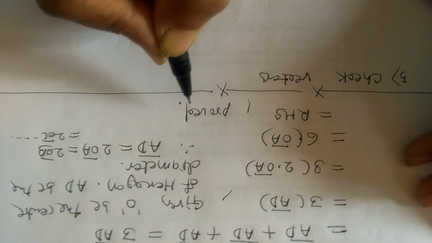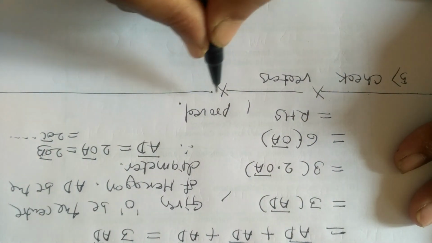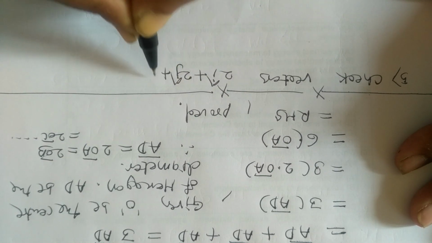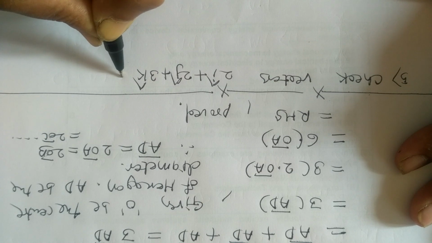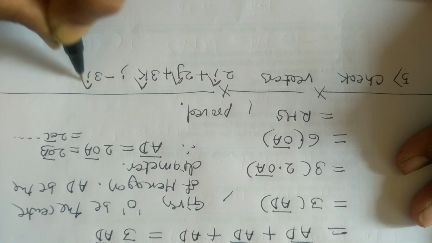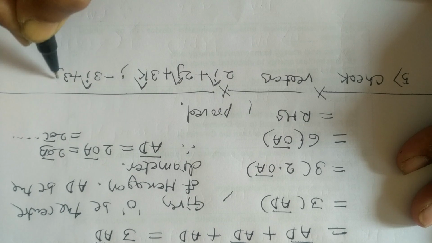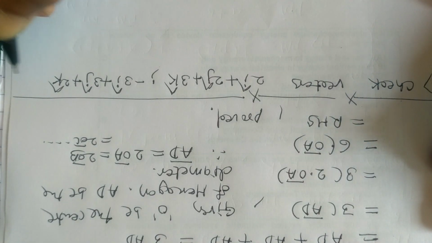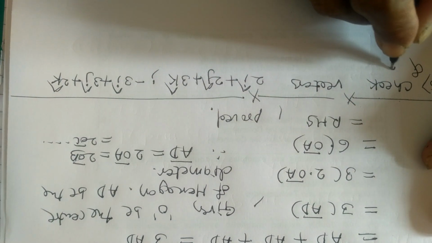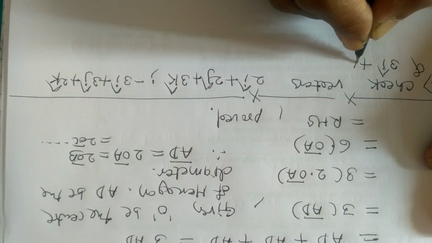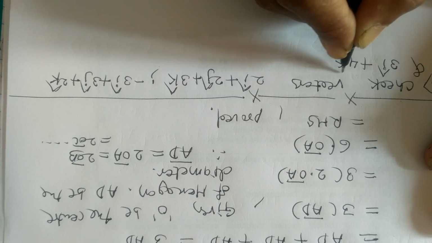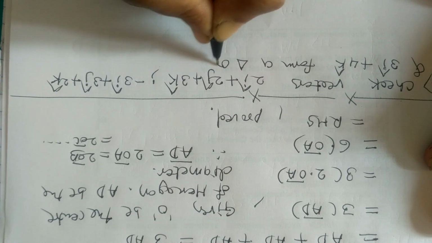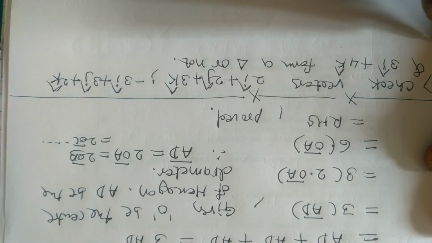Check whether the vectors given, 2i cap plus 2j cap plus 3k cap, minus 3i cap plus 3j cap plus 2k cap, and the third vector is given, that is 3i cap plus 4k cap, form a triangle or not. Very easy question.